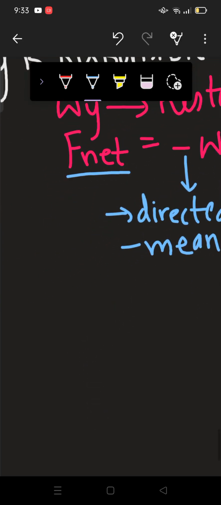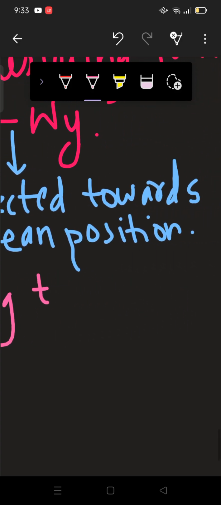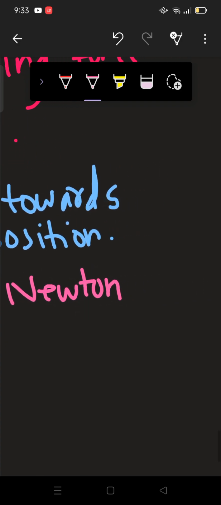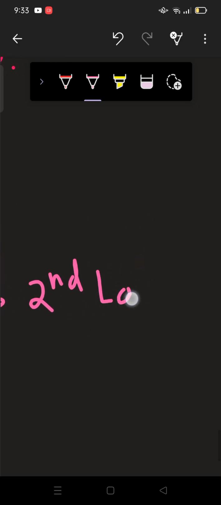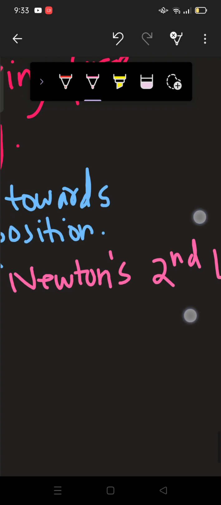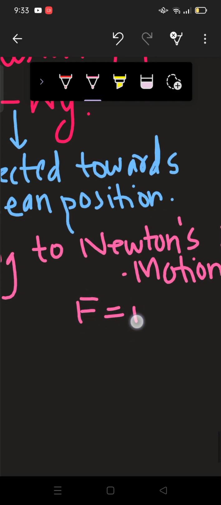Now we know that according to Newton's second law of motion, F is equal to ma.